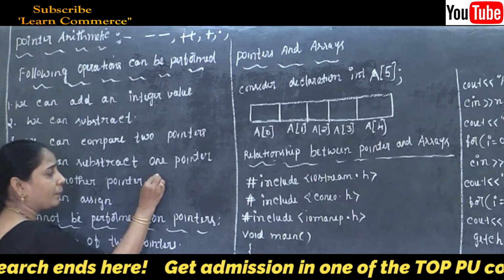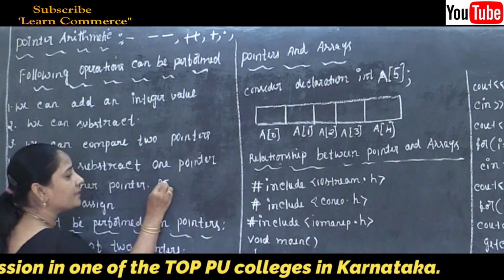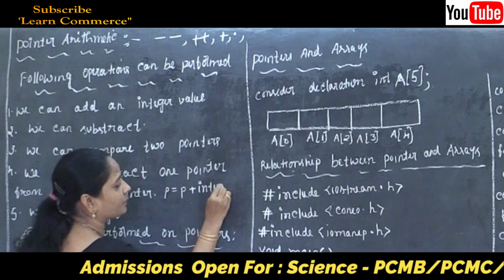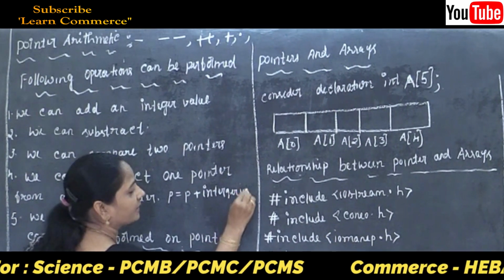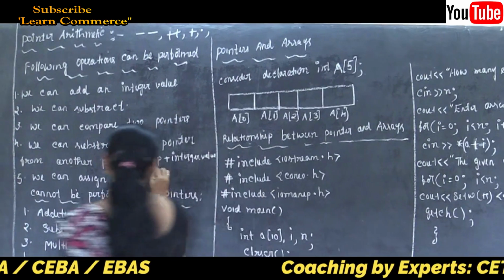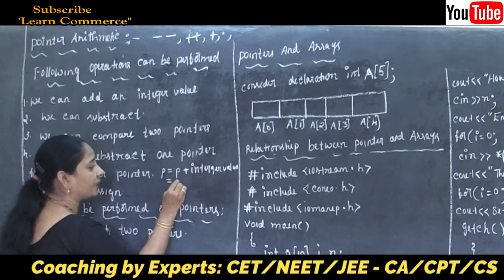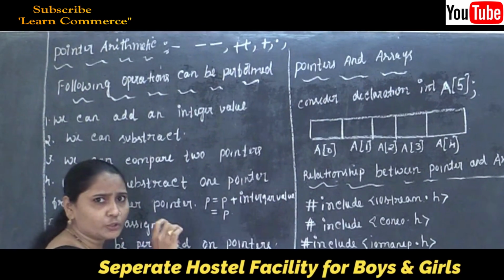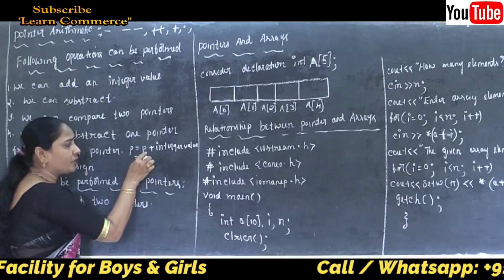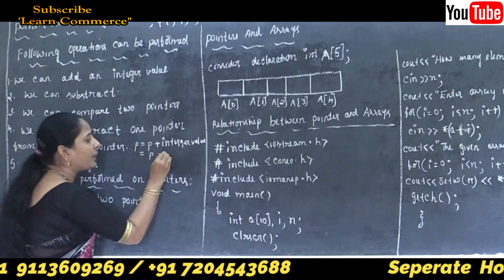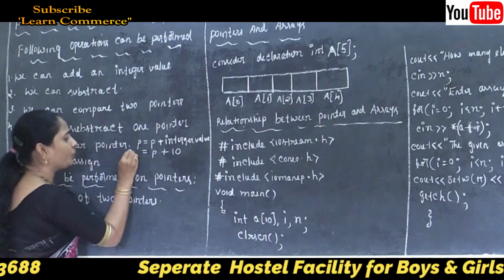So how are we going to add the integer value to a pointer? One example we can write is p is equal to p plus integer value. We already assigned some value to p, so I am just going to write p.